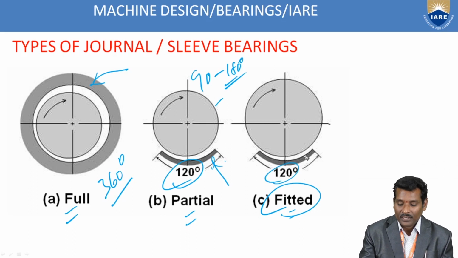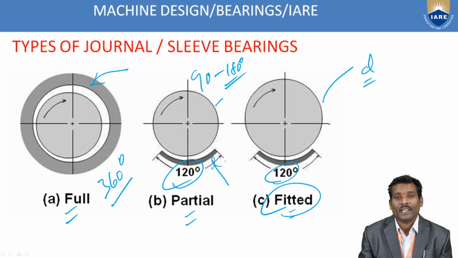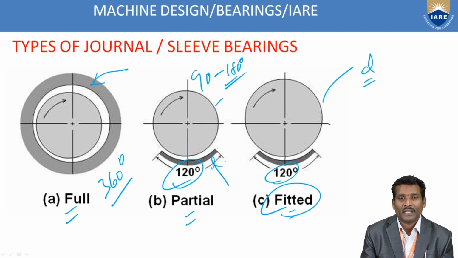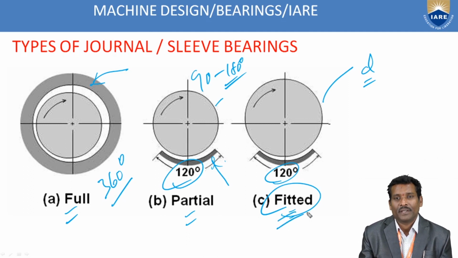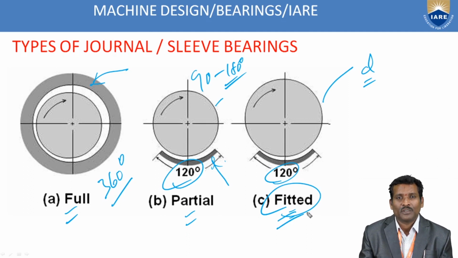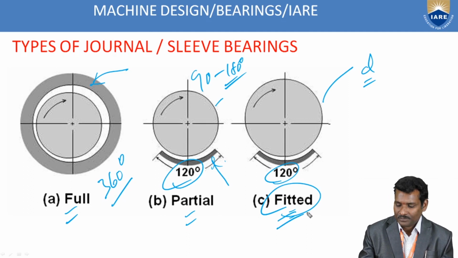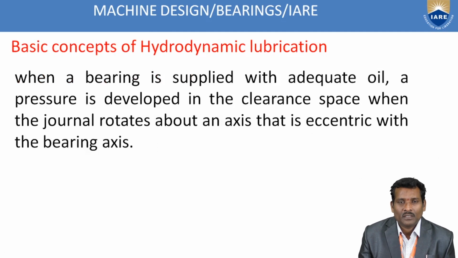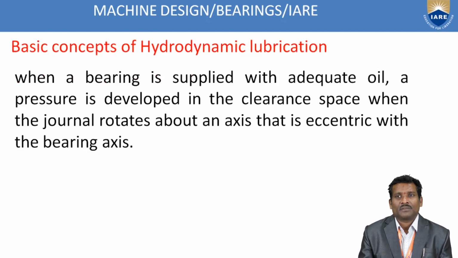But see here the diameter of the journal is greater than the bearing diameter. It means it is very forcefully or tightly fitted inside the bearing. This type of bearing is called a fitted bearing, but most probably the full type of journal bearing is used in our machinery. Next, we'll discuss the basic concept of hydrodynamic lubrication.